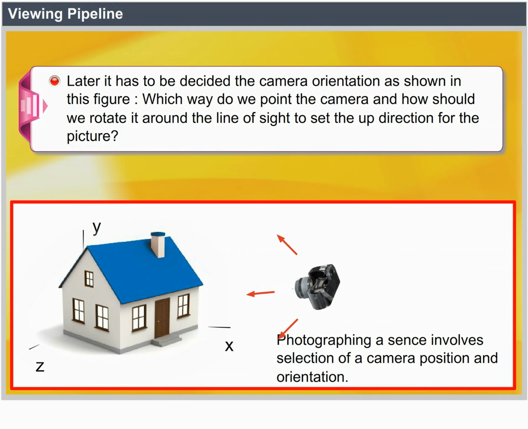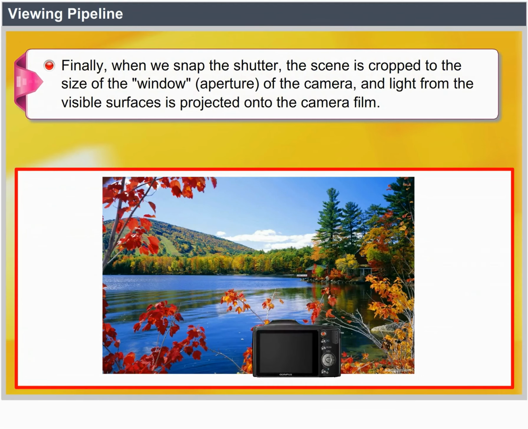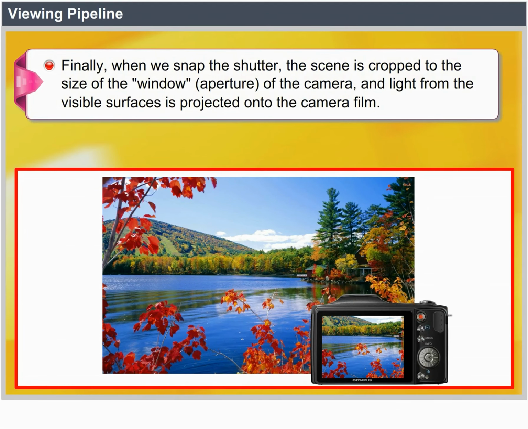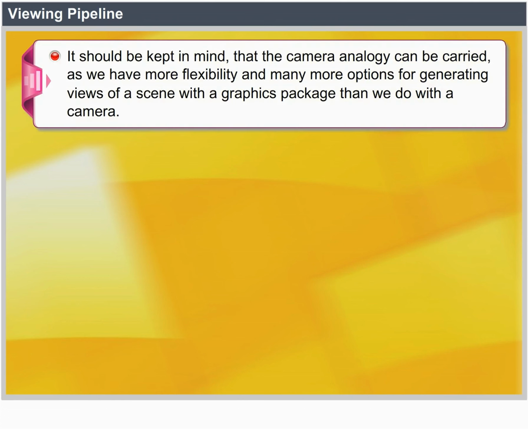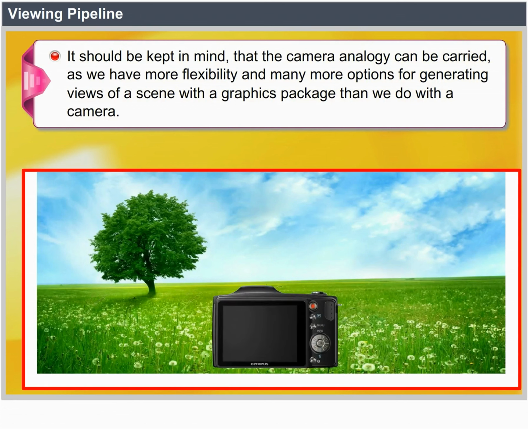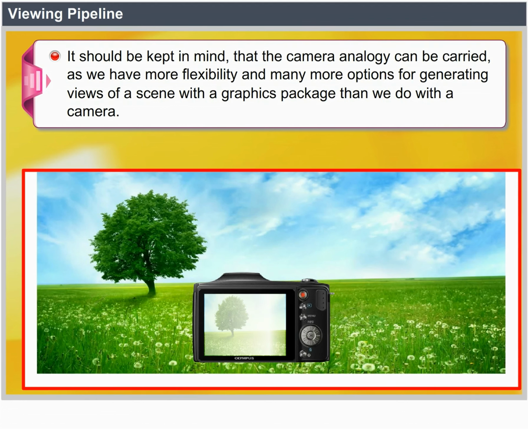Finally, when we snap the shutter, the scene is cropped to the size of the window, aperture of the camera, and light from the visible surfaces is projected onto the camera film. We need to keep in mind, however, that the camera analogy can be carried only so far, since we have more flexibility and many more options for generating views of a scene with a graphics package than we do with a camera.